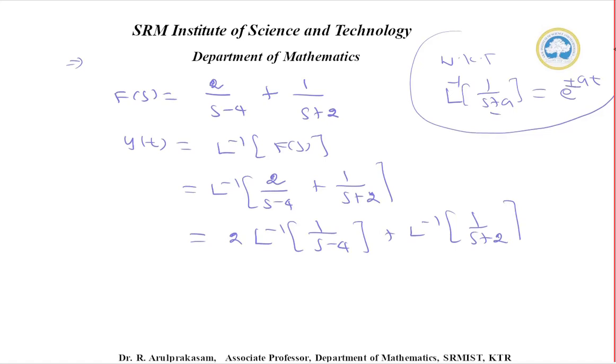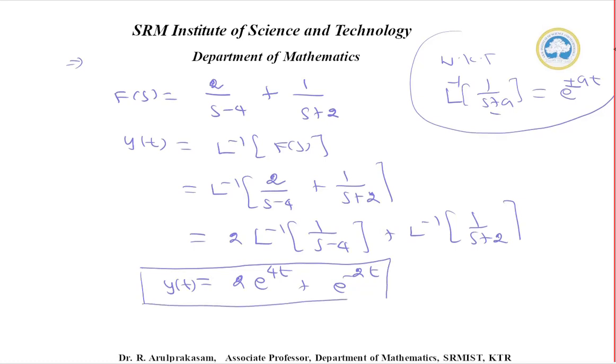Follow the inverse Laplace transform formula. I am getting 2 times e to the power 4t plus e to the power minus 2t. So it is y of t. This is my solution of the given second order linear differential equation by using the Laplace transform technique.